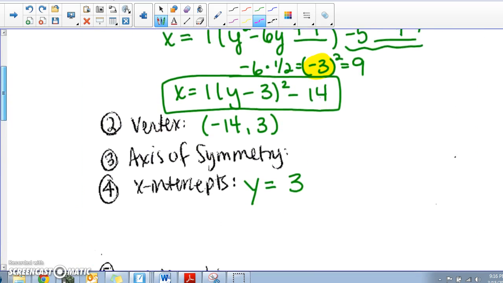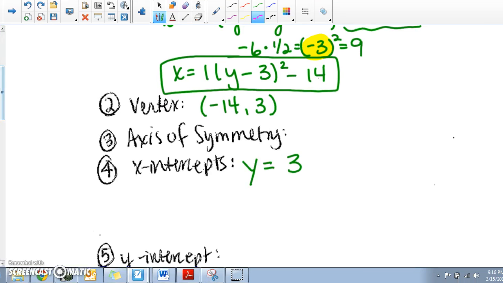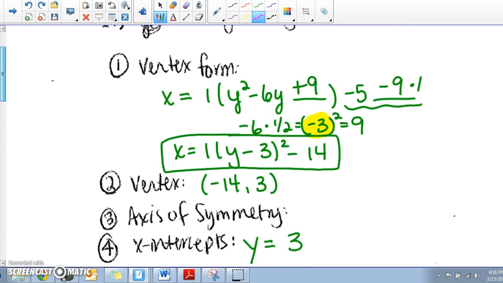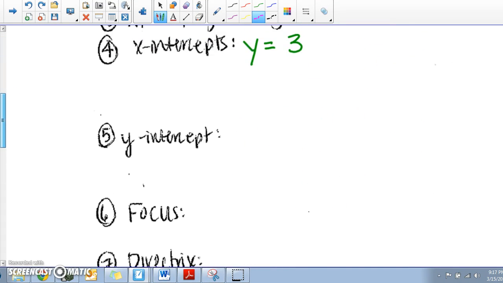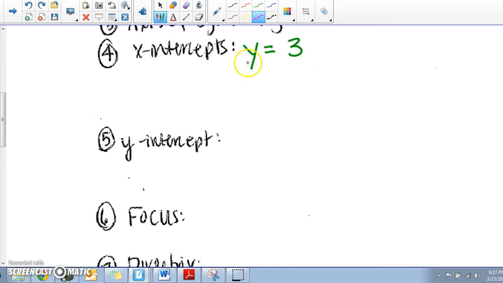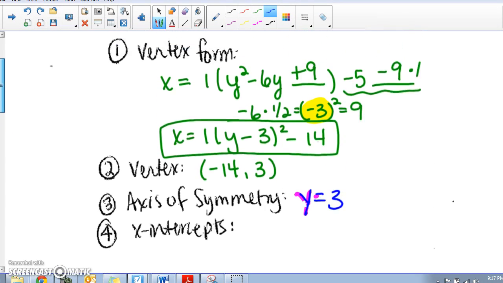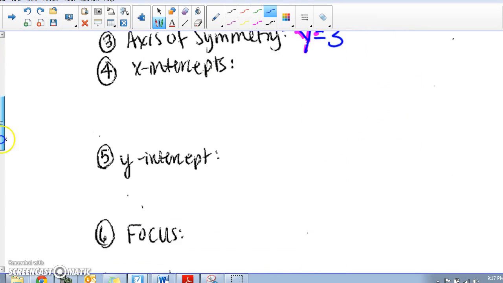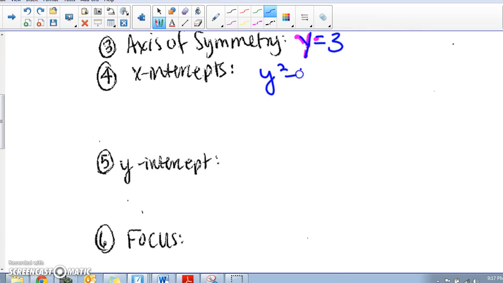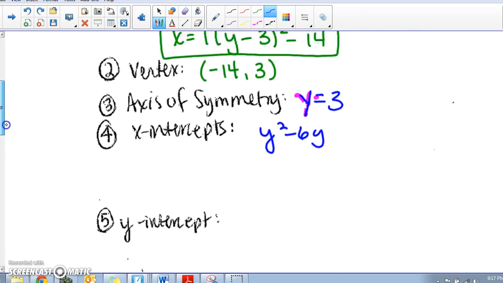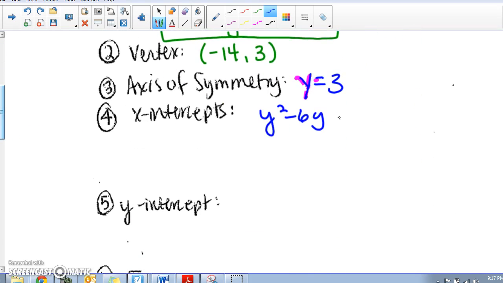X and y intercepts. Go ahead and write the original problem, which is y squared minus 6y minus 5 equals x.